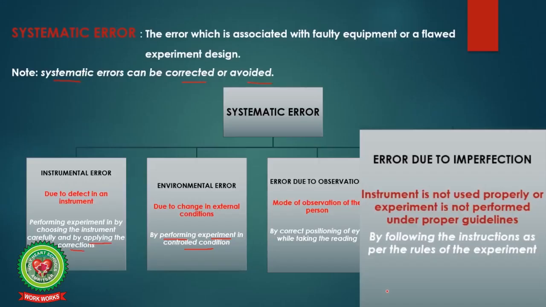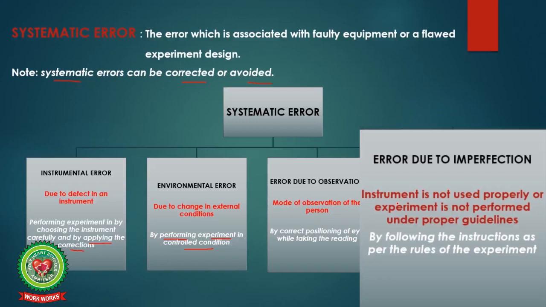Okay, the last fourth type of error is error due to imperfection. The error which occurs due to many reasons like instrument is not used properly or experiment is not performed under proper guidelines. Such an error is called errors due to imperfection. Here I am going to discuss one more example.